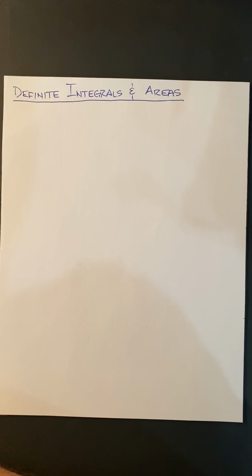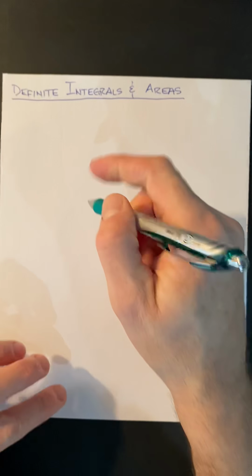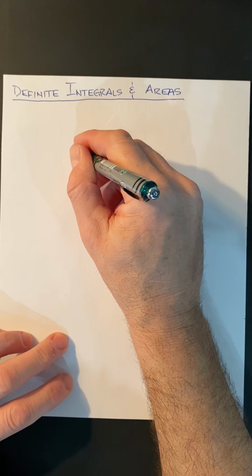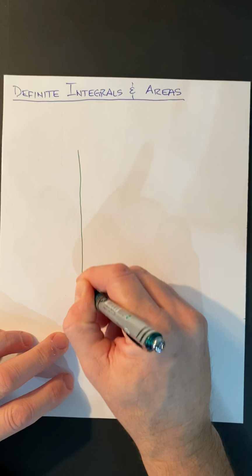Today's lesson is about using definite integrals to find the area under a curve and some of the applications involved in that. So what we have to do is work from an indefinite integral, but what we want to look at is what we are trying to accomplish.